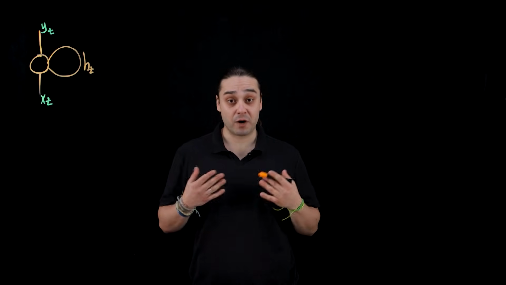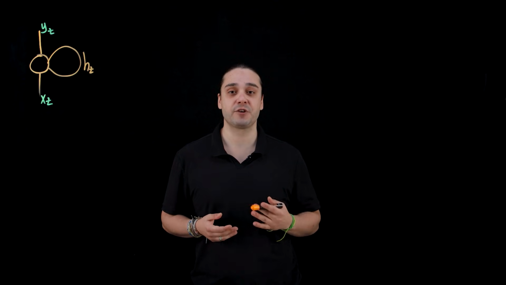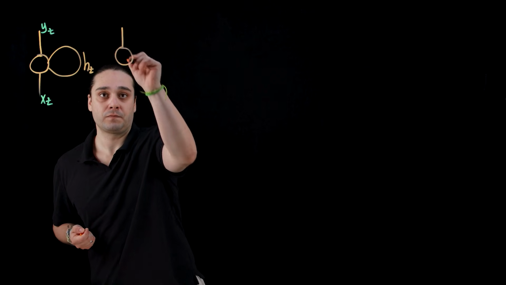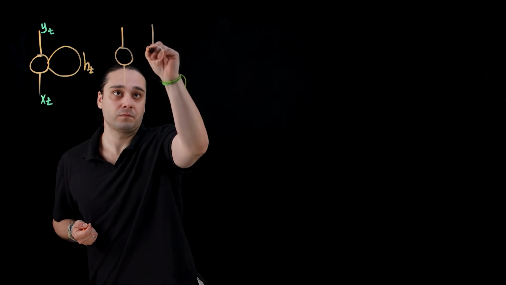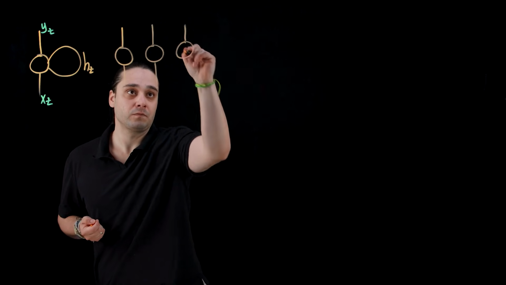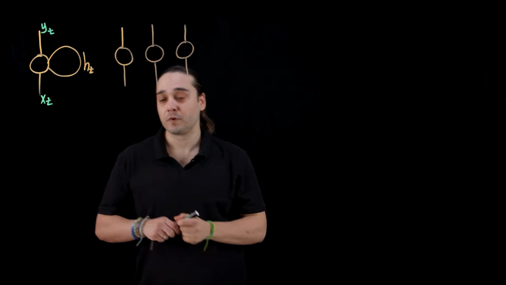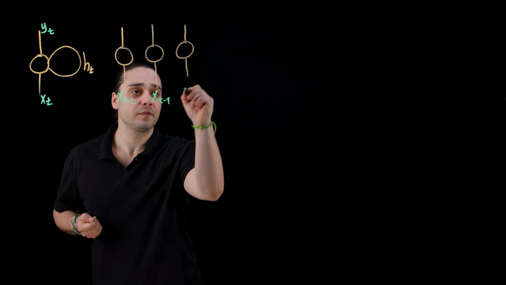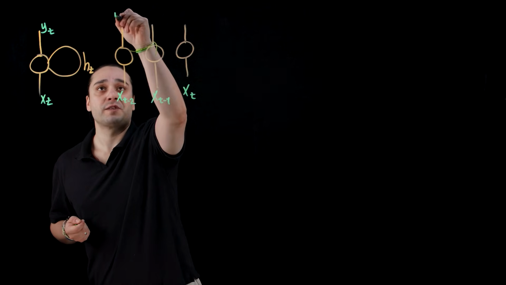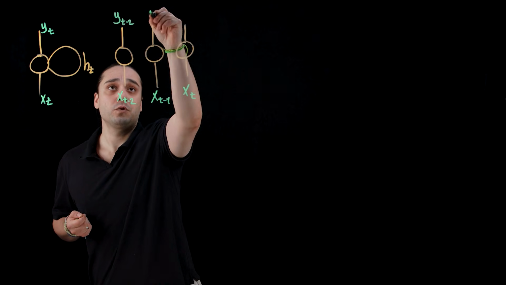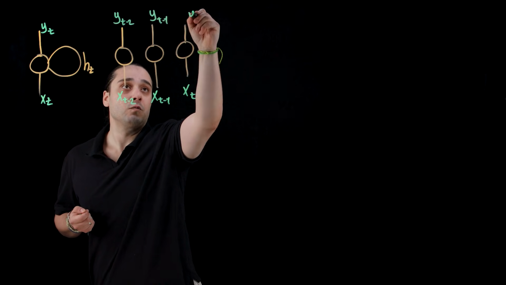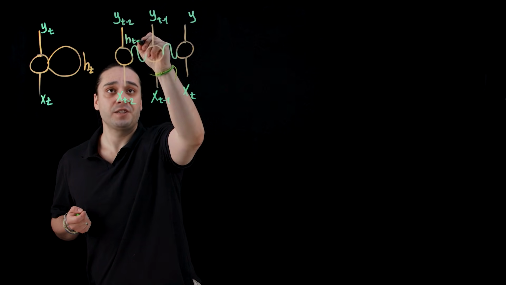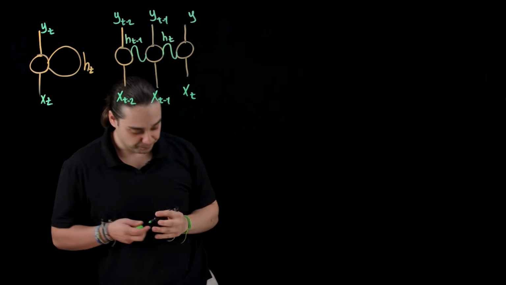To better understand how RNNs work, let's unroll this tiny recurrent network over time. We have inputs xt-2, xt-1, and xt, corresponding outputs yt-2, yt-1, yt, with hidden states ht-1 and ht.